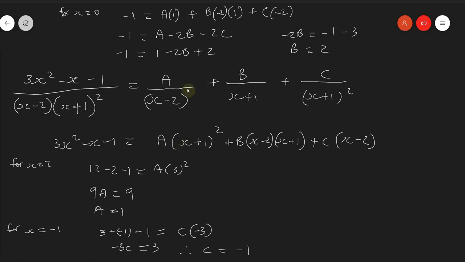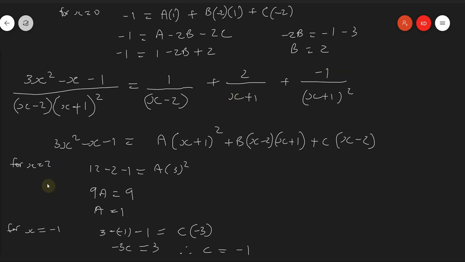All we have to do is just plug those values where they're supposed to go. So a here, that's 1, b is 2, and c is negative 1. So 2, negative 1.